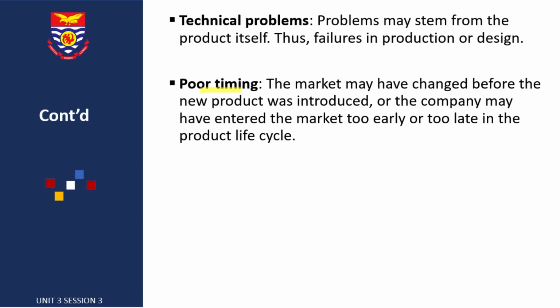No. Or during the summer, then you're going to sell raincoats or umbrellas. It's a big no. There are some times and seasons that you can't sell some particular items. So when marketers are introducing products into the market, the timing should be taken into consideration, because such products can fail because of poor timing.